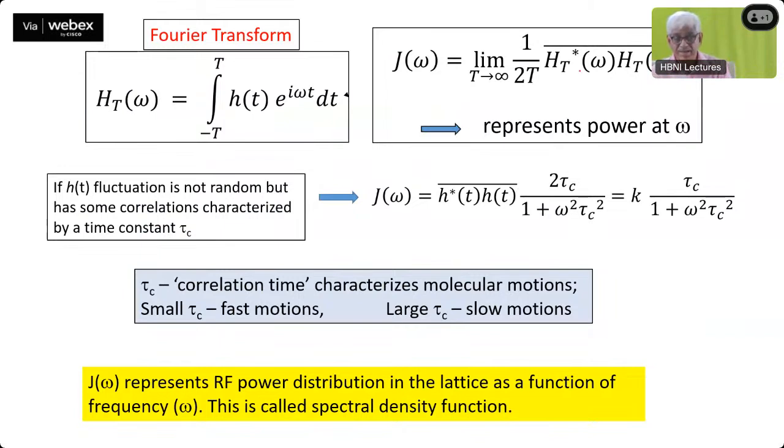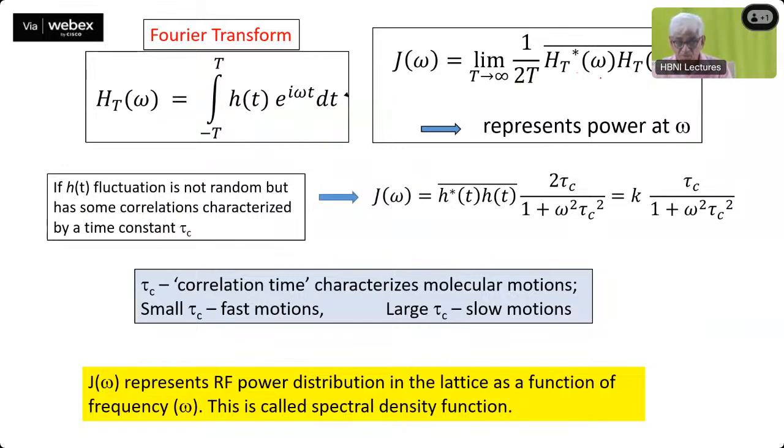However, what I do is take the complex conjugate and multiply, h star and h of omega. This is a positive number. This will not average to 0. Now I take the limit over T of this factor. This is a function of frequency, and that is represented as J of omega. This is called the spectral density function.